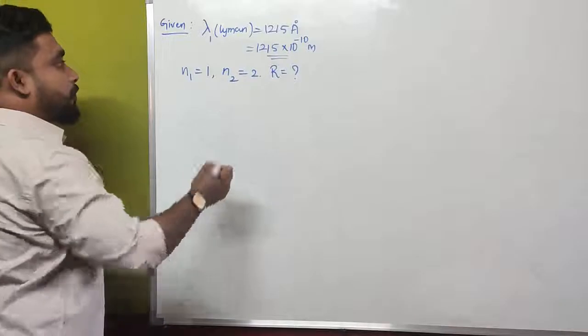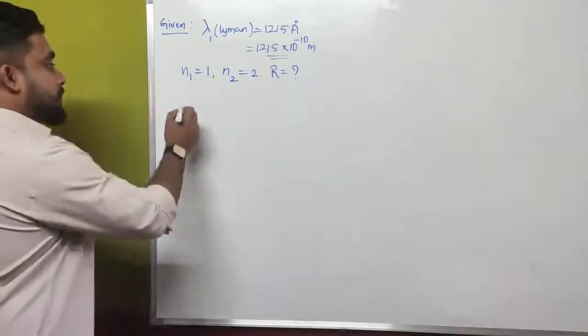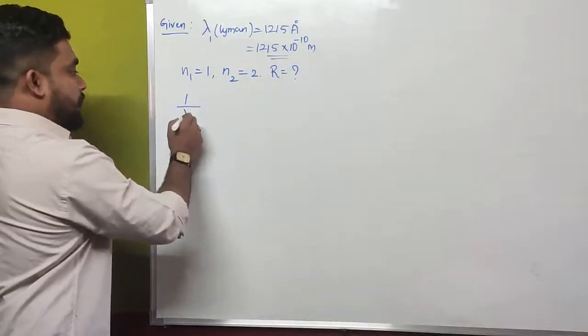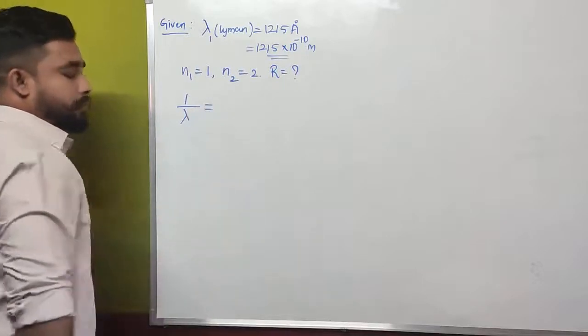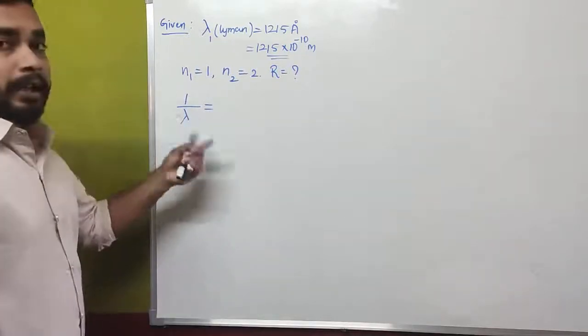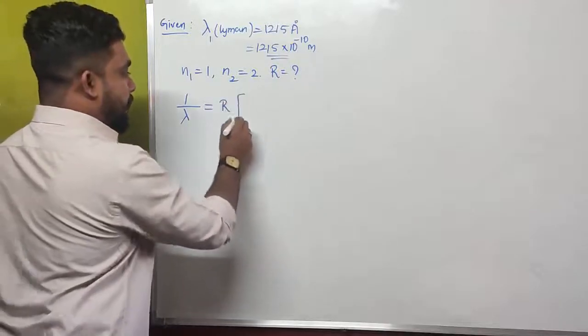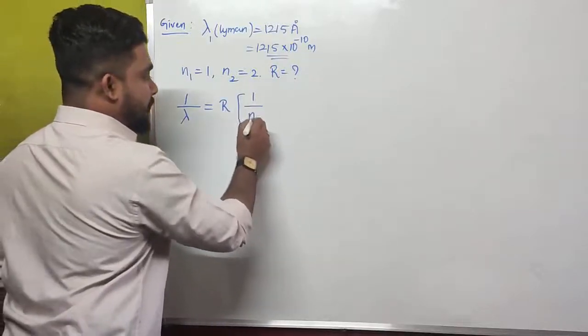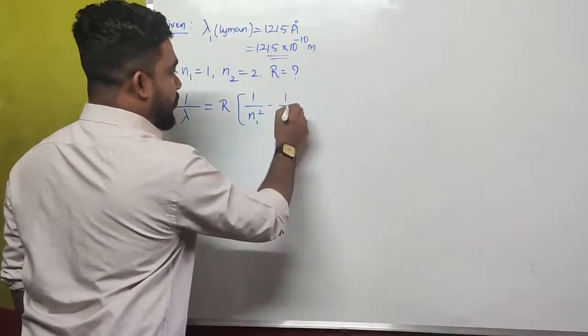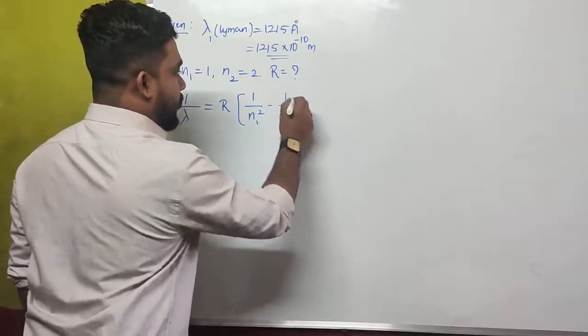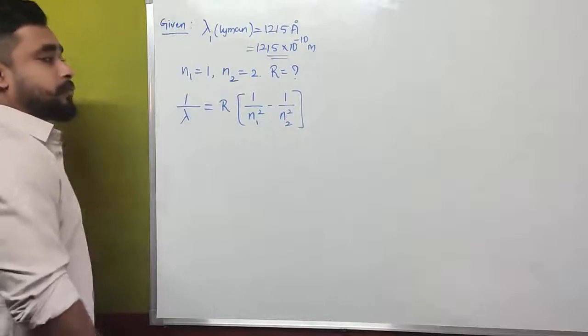Now the formula, in case of the Lyman series, is 1 divided by lambda is equal to capital R into 1 divided by N1 square minus 1 divided by N2 square. Actually this is the formula.